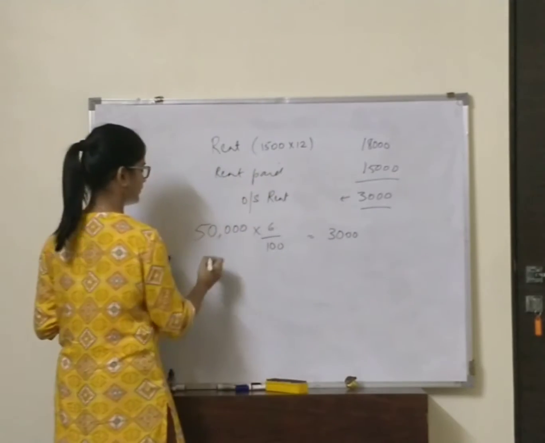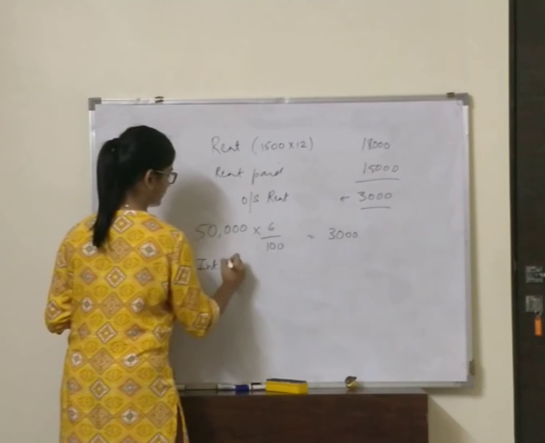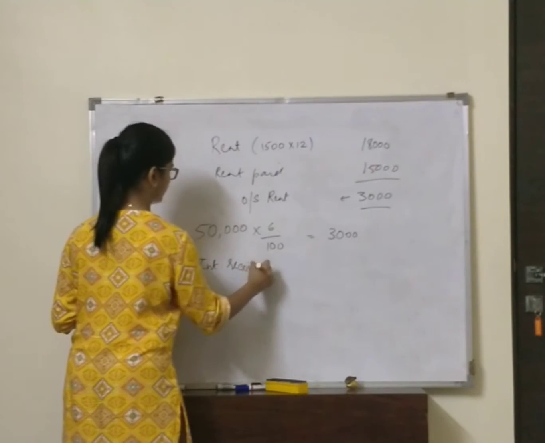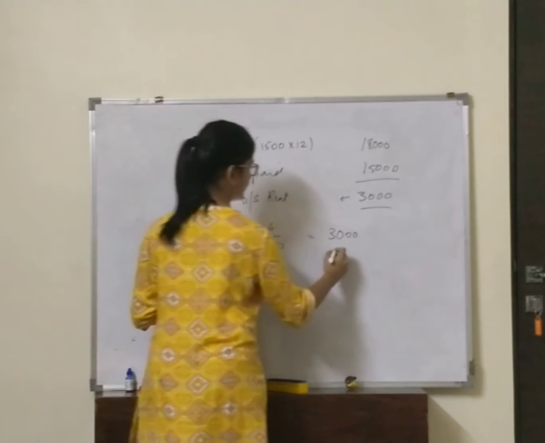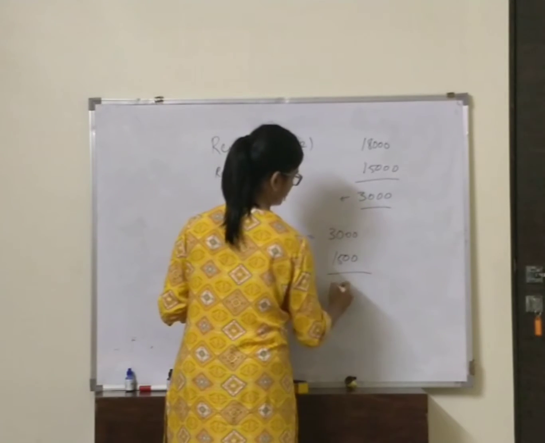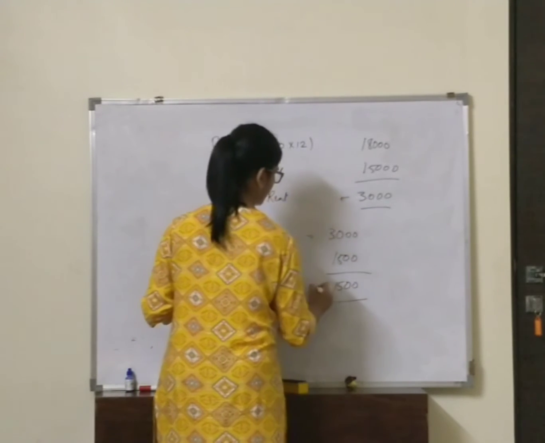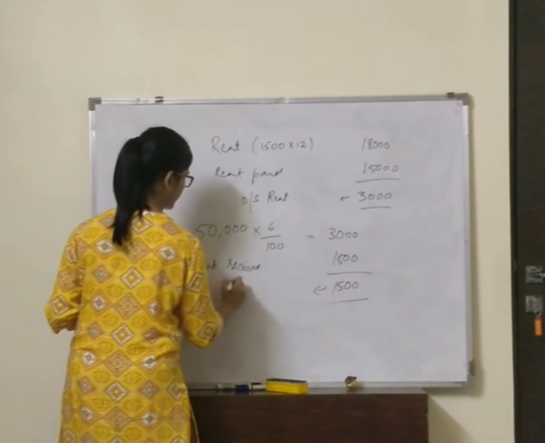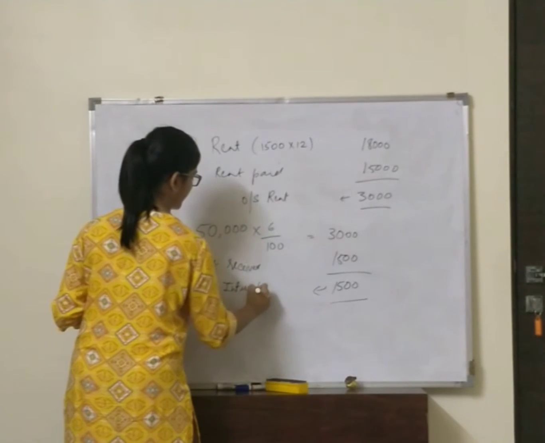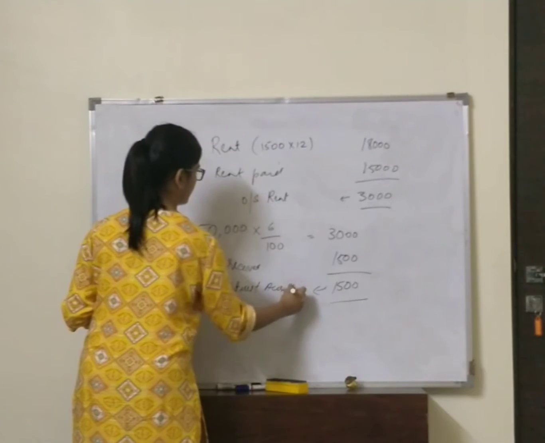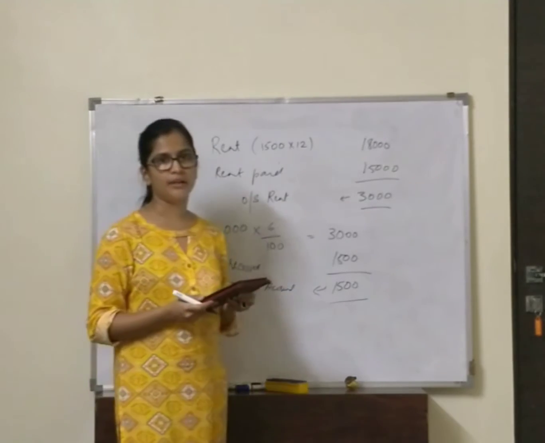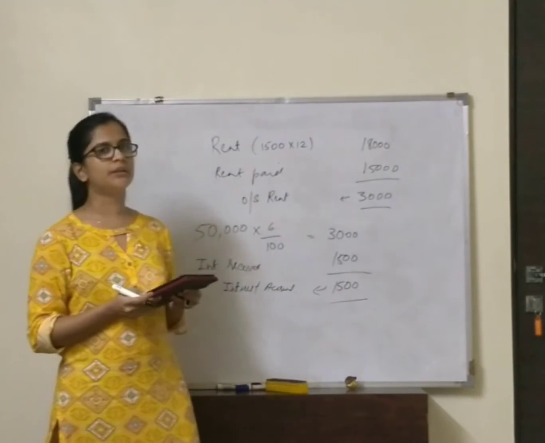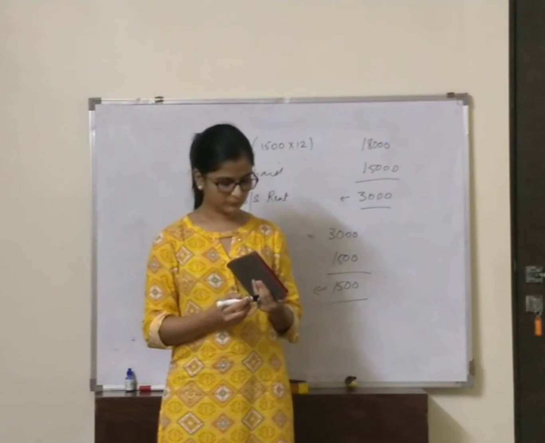But how much have we received? On a receipt and payment account, in the receipt side, 1,500 has been received. So how much is remaining? 1,500. So this is our interest accrued. Once it will be added in interest, and again it will be written in the closing balance sheet.